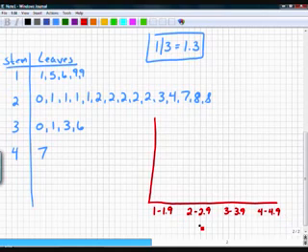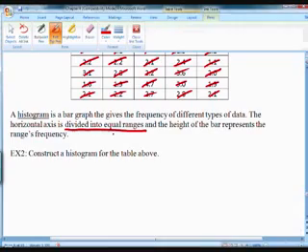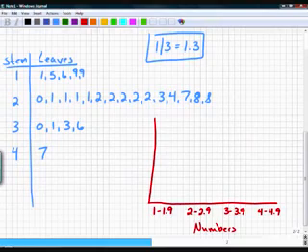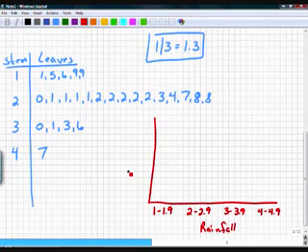Let's see, we've got to label this. What can we label this as? I'm going to label it as our numbers, because it really doesn't tell us what... yeah, this is rainfall, my bad. So we can label it as rainfall. And over here in a histogram, frequency.